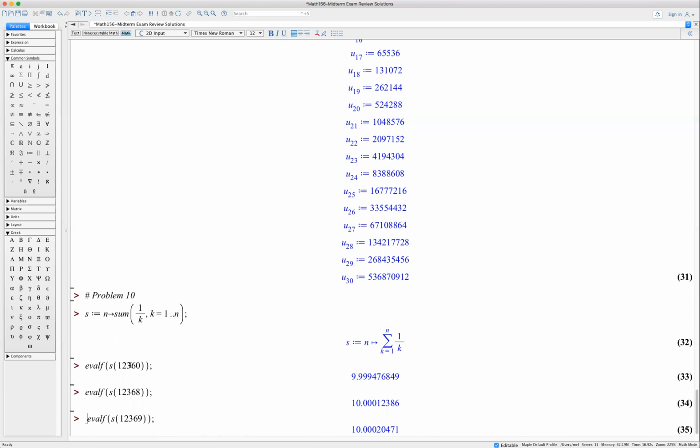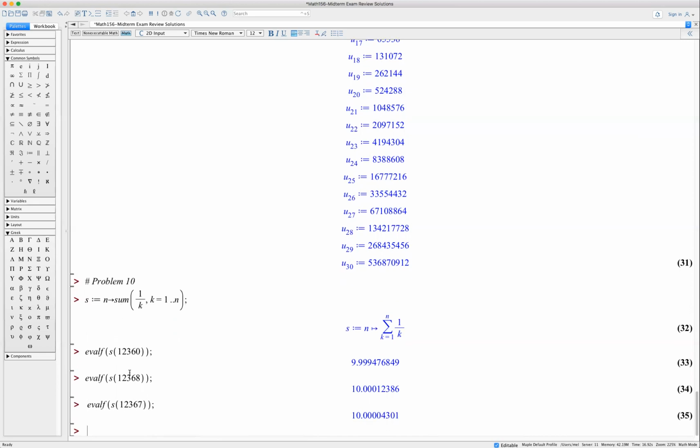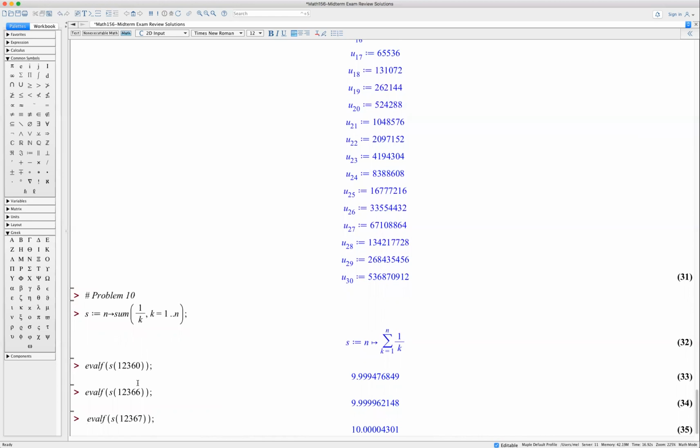No. 7? No. 6? So when I evaluate this sum for the first 12,366 terms, it's less than 10. 12,367 terms is bigger than 10. So the answer is 12,367.